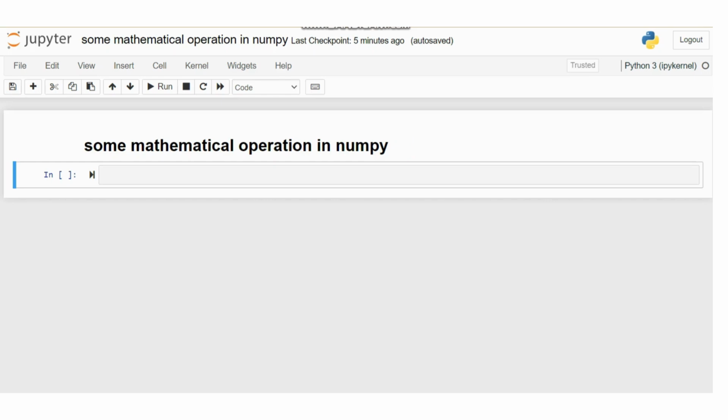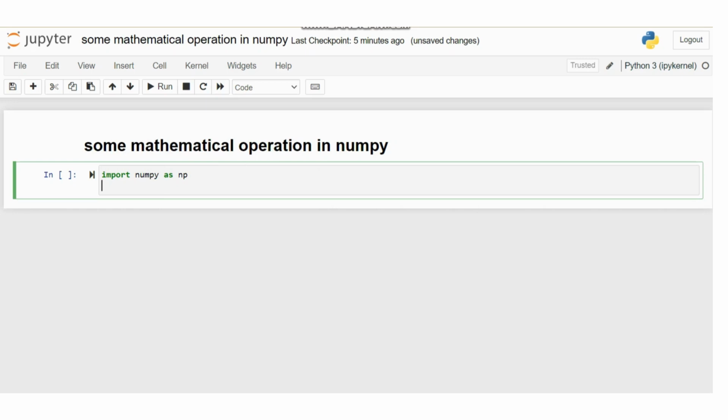Okay, go to the Jupyter notebook and first import the library: import NumPy as np. Create an array and calculate the log value of the given array.